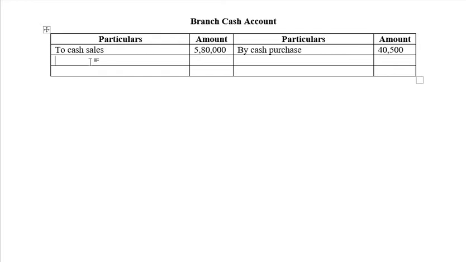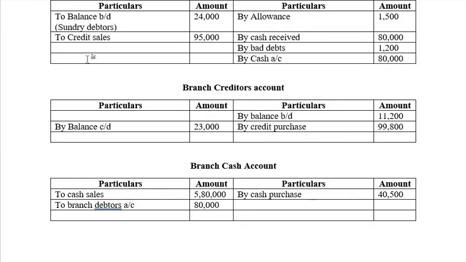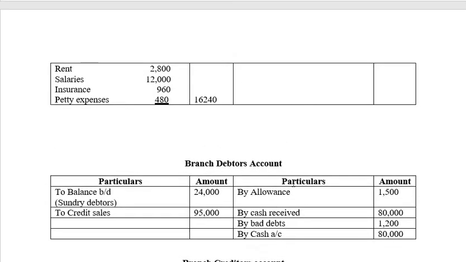So to branch debtors account, what is the amount? Cash received from debtors in cash account, branch account is being debited. So to branch account 80,000, and the second entry will be in case of debtors account. So in debtors account, by cash account 80,000. This is nothing but branch cash received from customers.